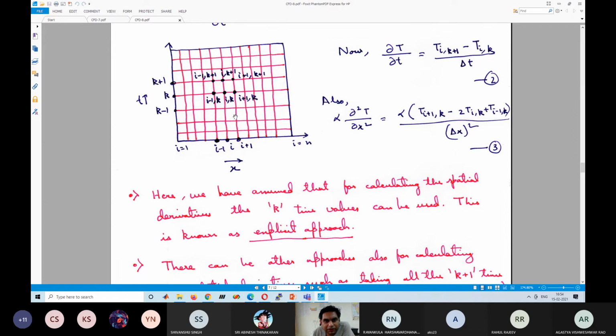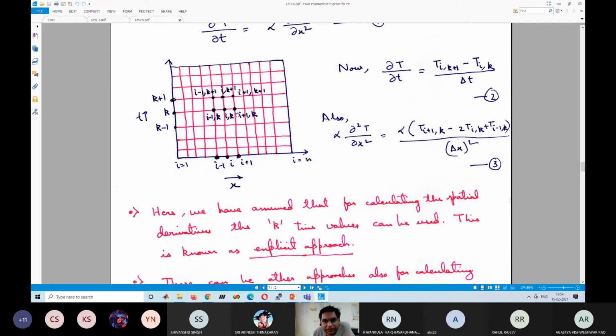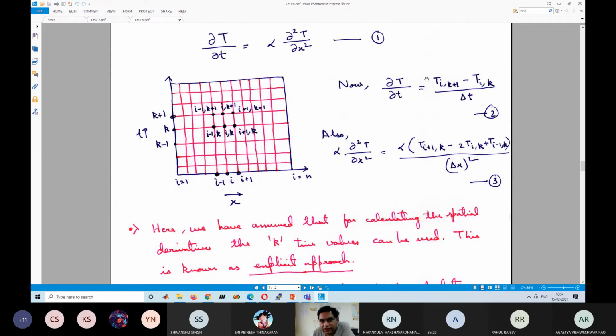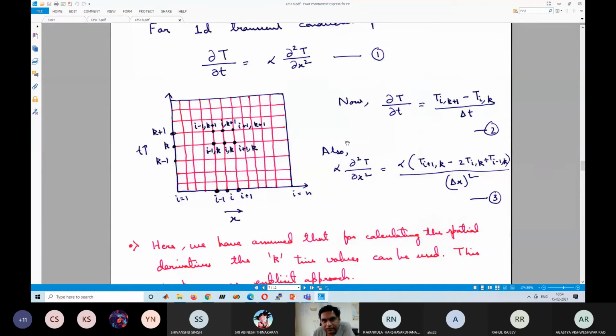But what I am explaining is a slightly different thing. I am saying this not for the time derivative, but for the x direction. For the x direction, this alpha del square T by del x square does not mention anything with respect to i, j. So what we are doing is going from time k to k plus 1, and this variation we are finding in terms of the heat flux along the x direction.